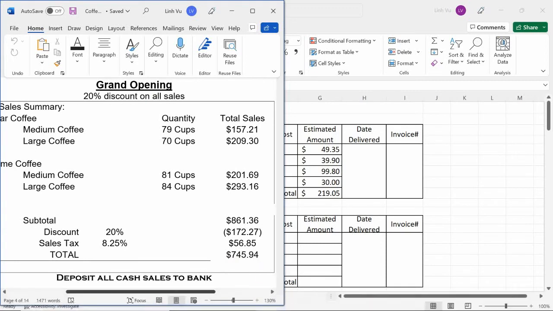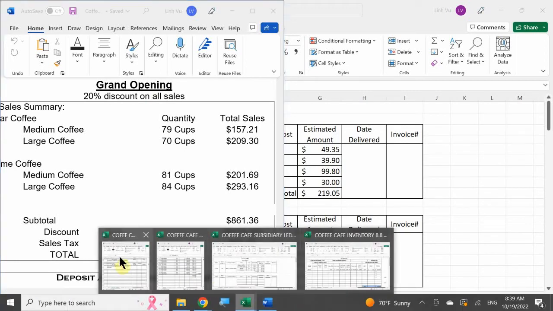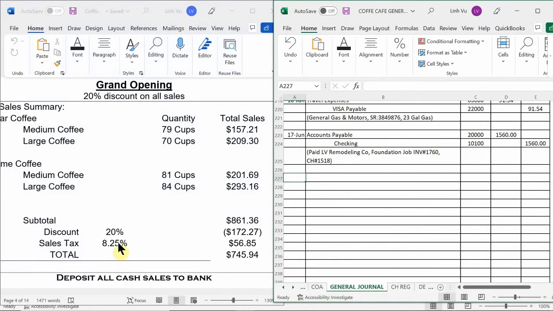Okay. So next is our grand opening sales. This is what we have done. We sold a total of 79 medium regular coffees for $157.21.